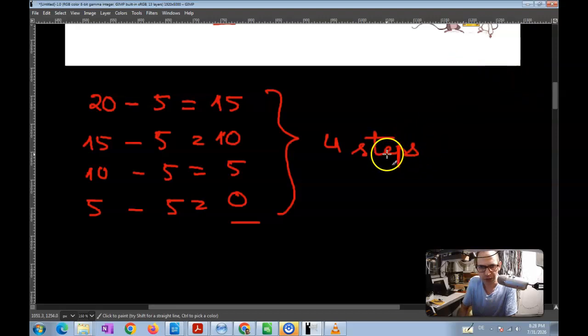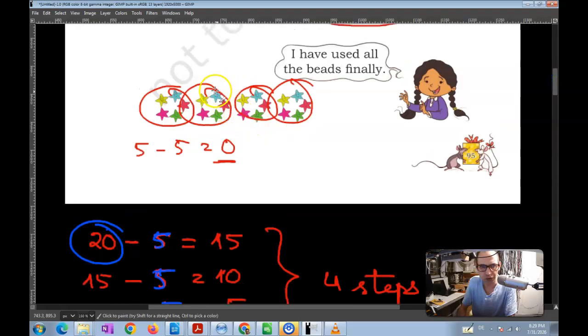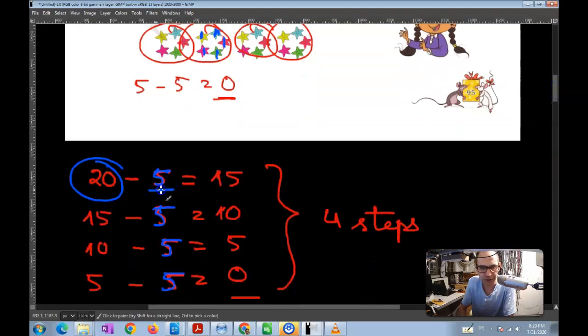So now here the constant number that you repeatedly subtract from this number refers to the number of objects that each group is going to get. So each group is going to get 5 objects, and that's this 5 over here.